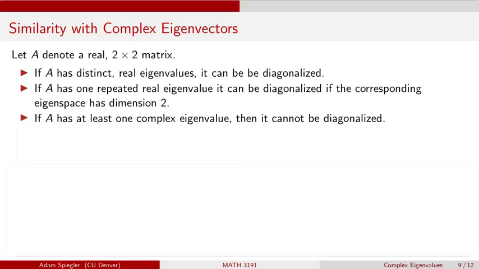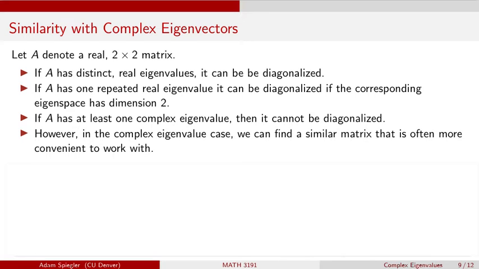So having complex eigenvalues is an example of when the characteristic equation, which was quadratic, couldn't be factored into two linear real factors. So we're not going to be able to diagonalize these matrices that have complex eigenvalues, but there is going to be a similar result that we can do so that we can find a similar matrix, which is going to be a little bit easier to work with.